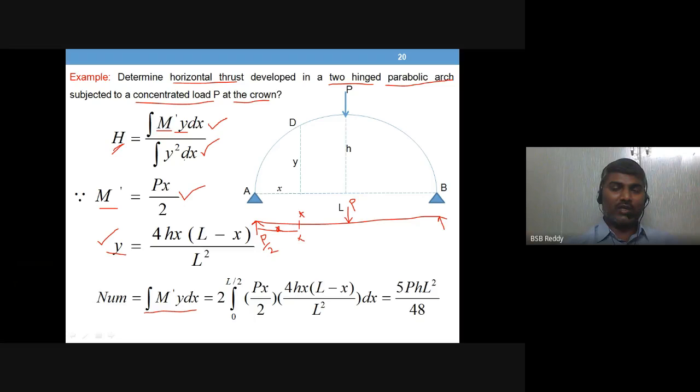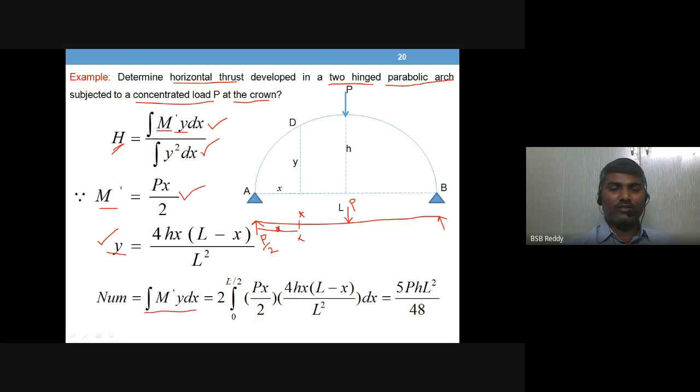We will separately find the numerator value and then the denominator value. Finally, we are going to divide to get the h value. To get the numerator, you see, if you want, you can use symmetry because the given arch is symmetric.